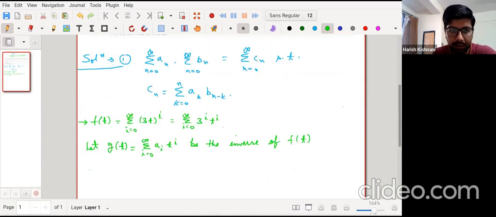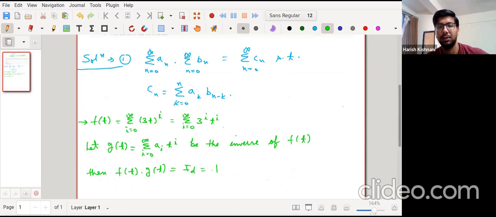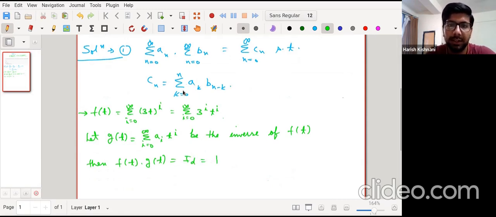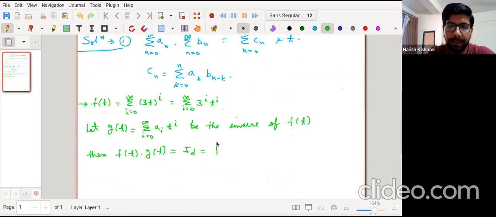Then we must have f(t) times g(t) to be the identity of this series. What is the identity? It is just 1. All coefficients are 0 except the first coefficient, and the first coefficient is just 1. So this is the identity in this ring of formal power series.